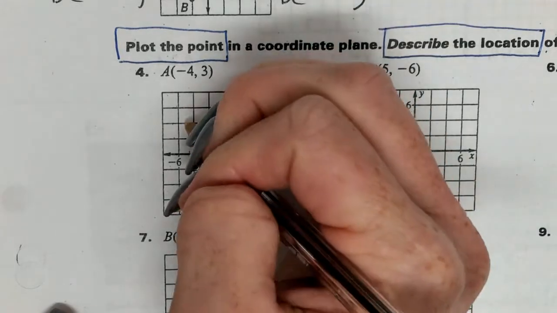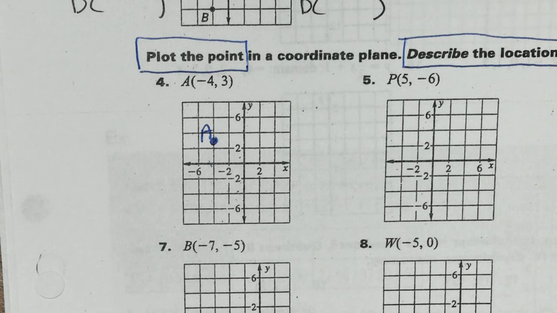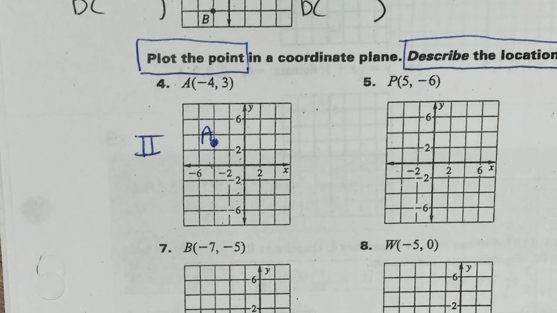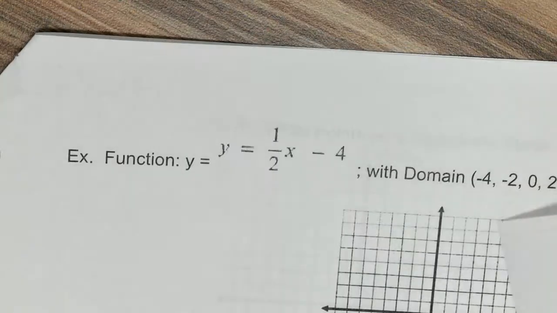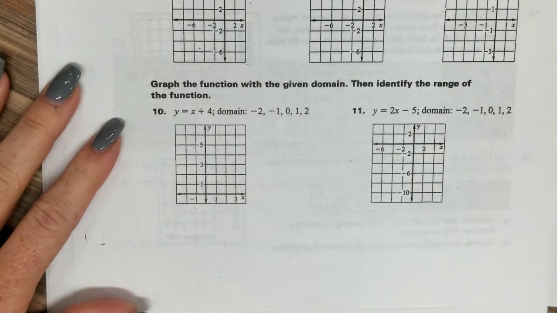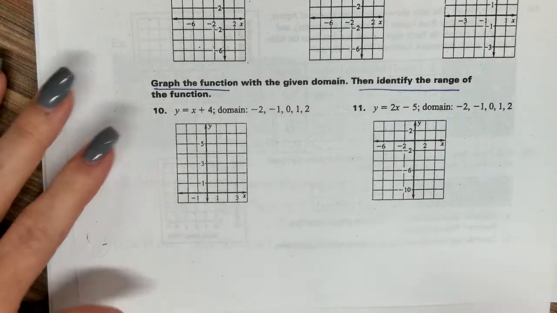I would label that this is point A, and I am going to describe this by saying it's in quadrant 2. Easy?